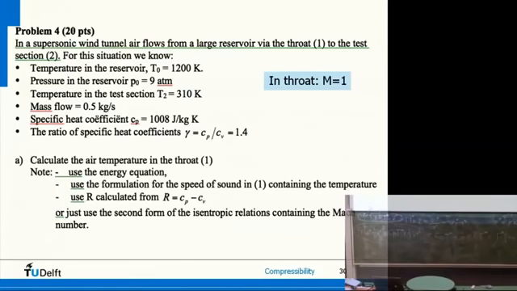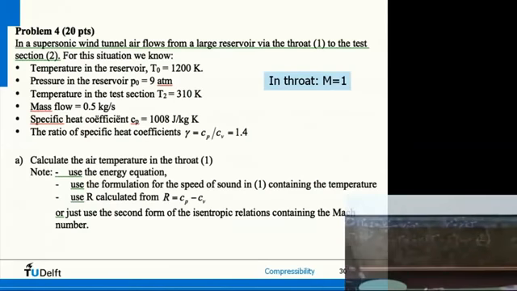So T star, that was the one we were after, is equal to C_p T0 divided by C_p plus gamma R over 2.